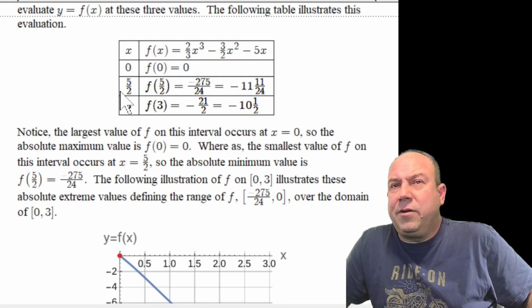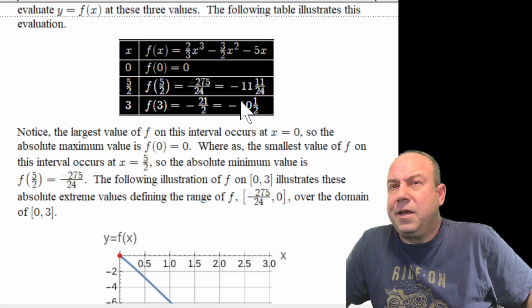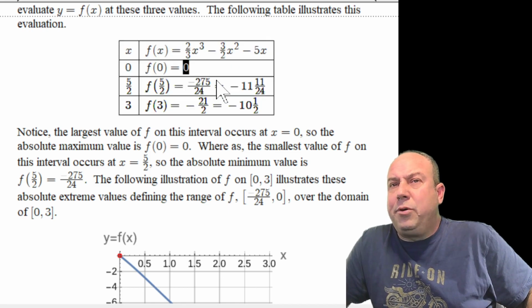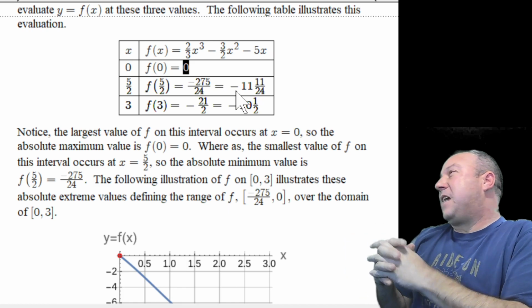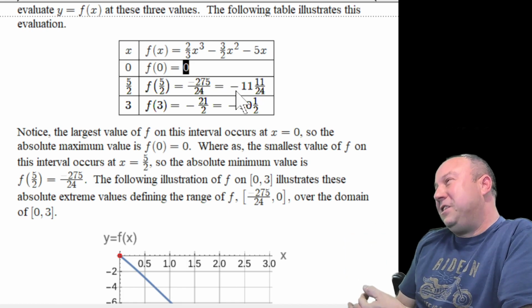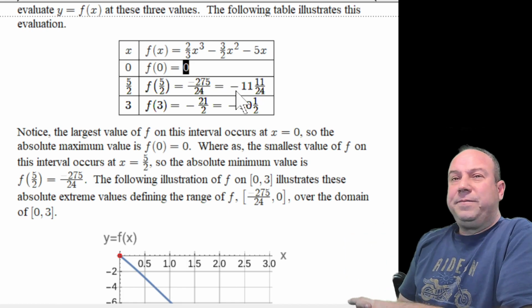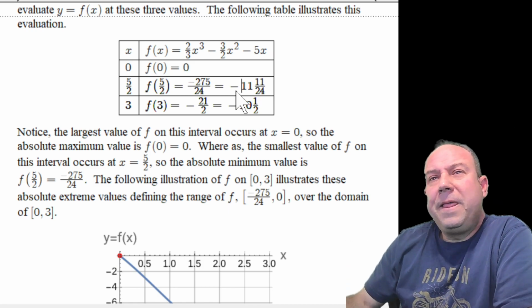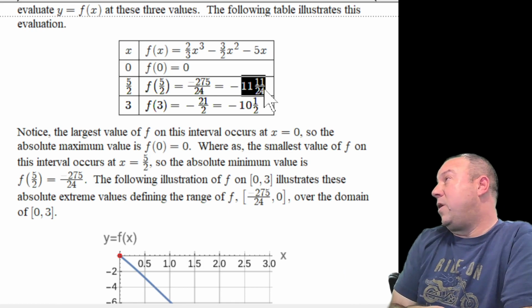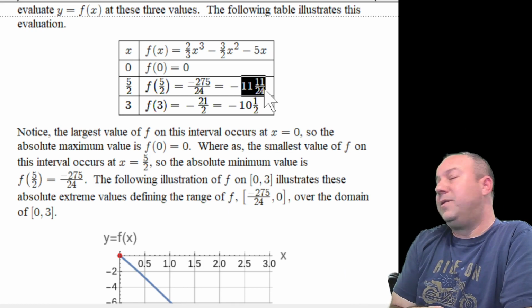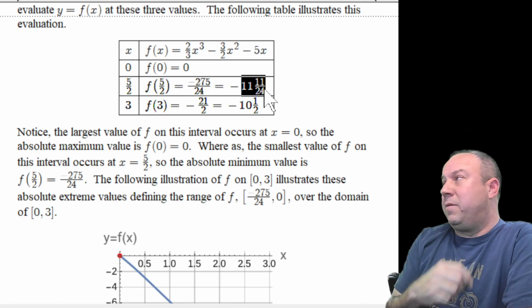That's what we're doing here in this table. And whatever is the largest output is your absolute maximum, which 0 was, which is kind of funny to say that that's the largest value, but it is for the function. And the smallest output for the function is -11 and 11/24. So it's our absolute minimum value.